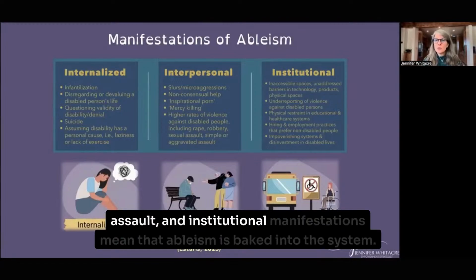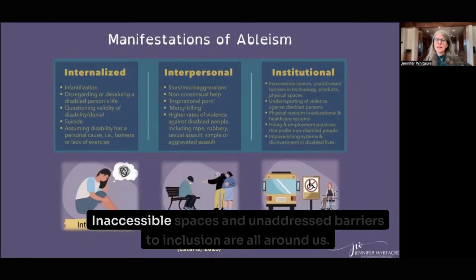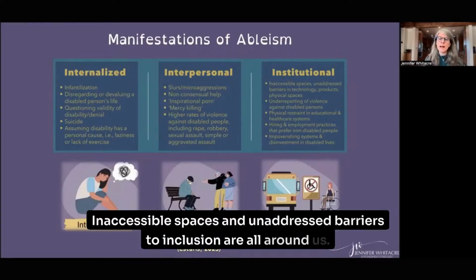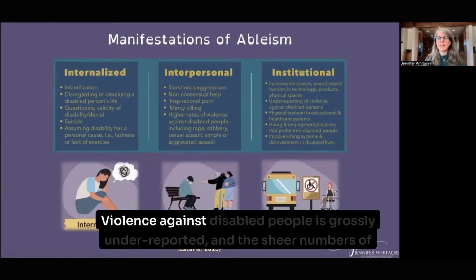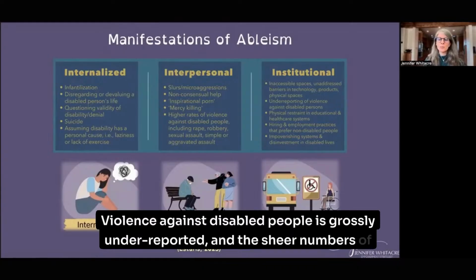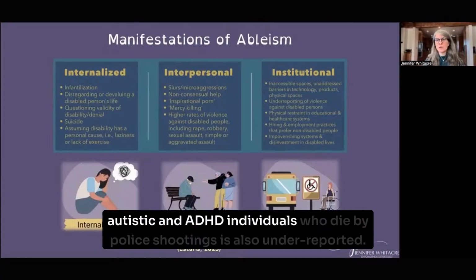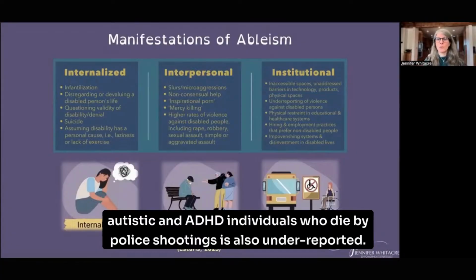And institutional manifestations mean that ableism is baked into the system. Inaccessible spaces and unaddressed barriers to inclusion are all around us. Violence against disabled people is grossly underreported, and the sheer numbers of autistic and ADHD individuals who die by police shootings is also underreported.